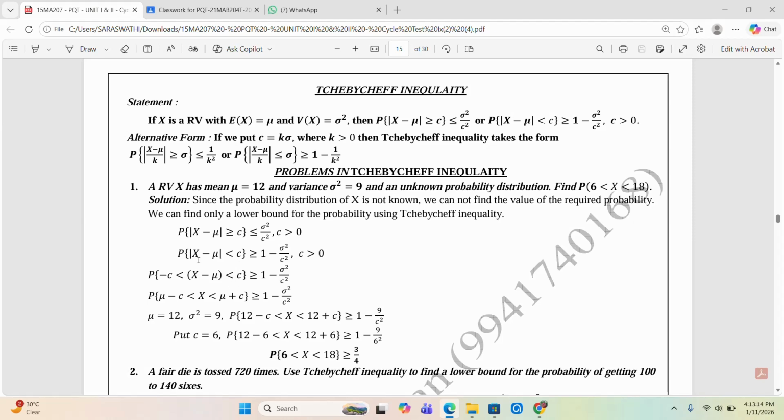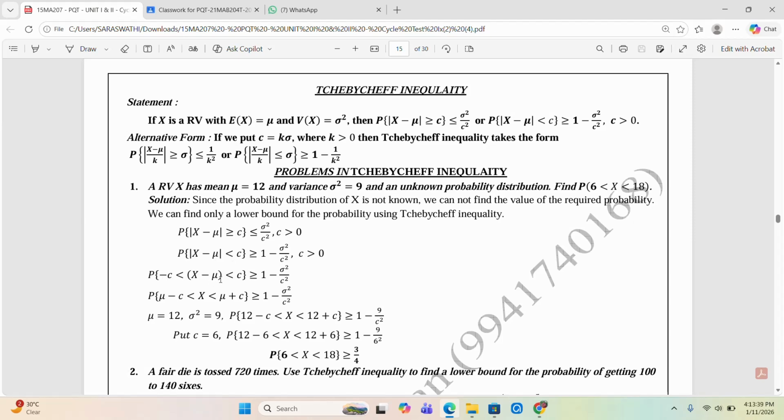So modulus of X - mu < c is equal to -c < X - mu < c, which is greater than or equal to 1 - sigma square by c square. Now here minus mu is there, so we can add mu on all the sides.